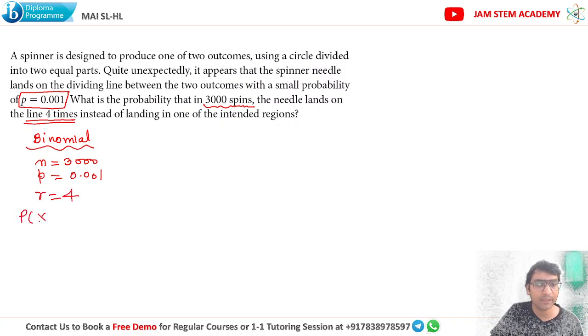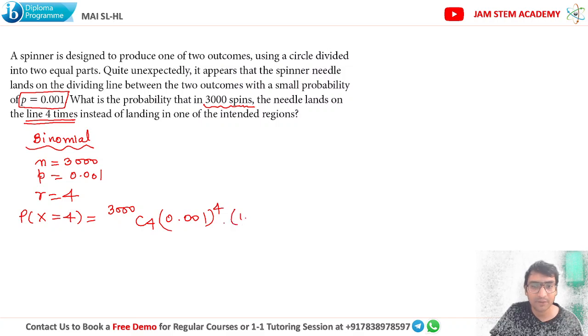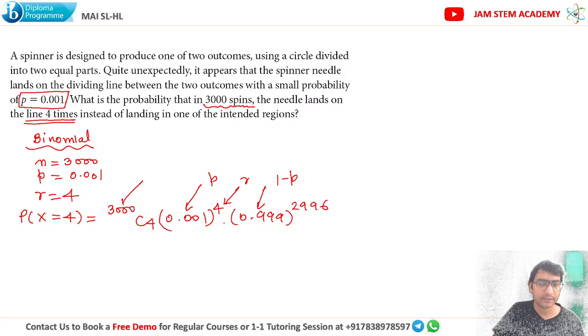Then the probability for exactly 4 successes using the binomial is given by nCr, which is 3000 C 4, times 0.001 whole raised to the power 4, multiplied by 0.999 raised to the power 2996. This is our 1 minus p, this is p, this 4 is r, and this is n, 3000.